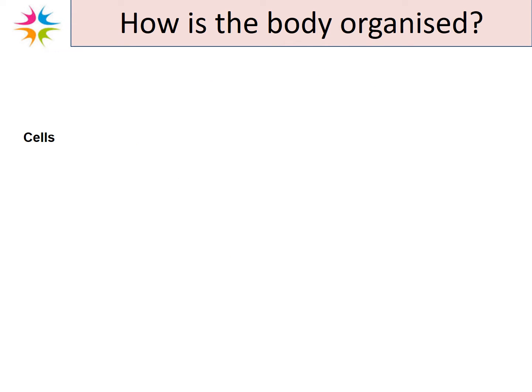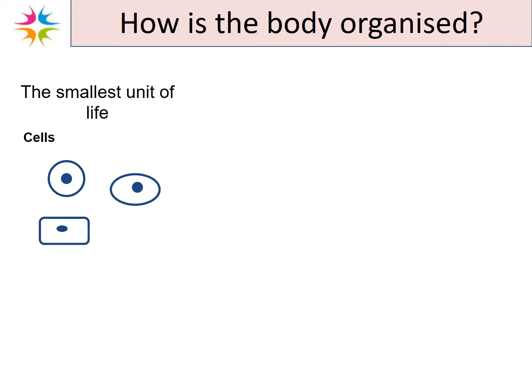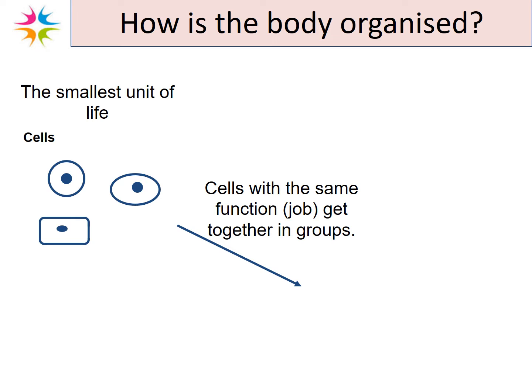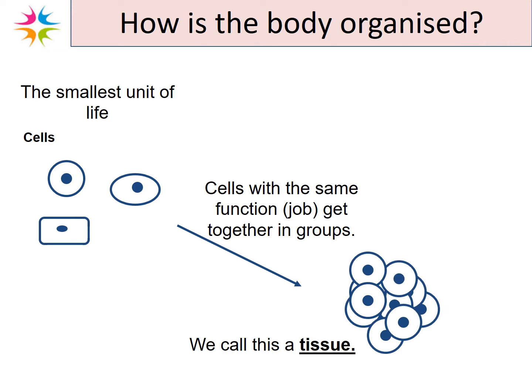So in the body, you have cells, which we did with Mr. LePage. So cells are the smallest unit of life. Cells with the same function get together in groups and they form what we call a tissue. So the same cells form a tissue.